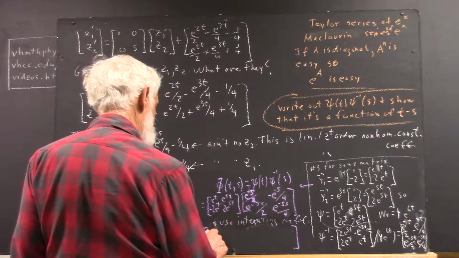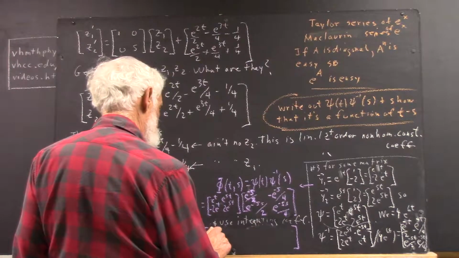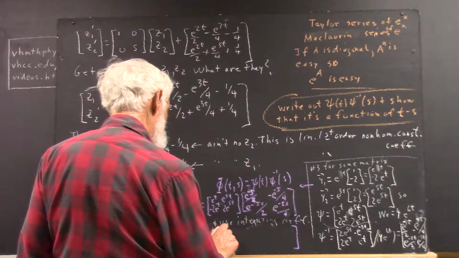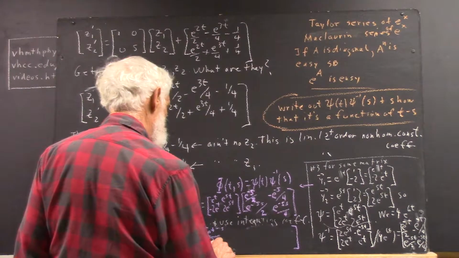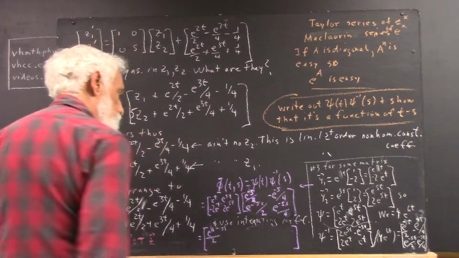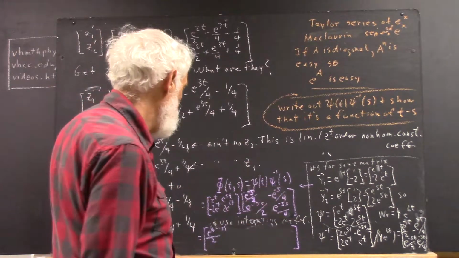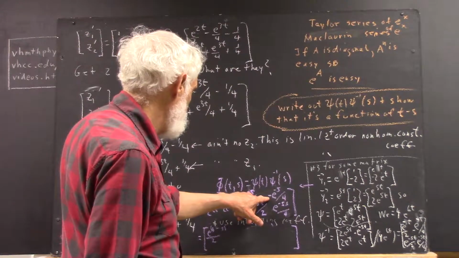That's going to give us e to the t minus s over 2. And multiplying this row by this column, we get e to the t minus s again, but it's going to be negative.